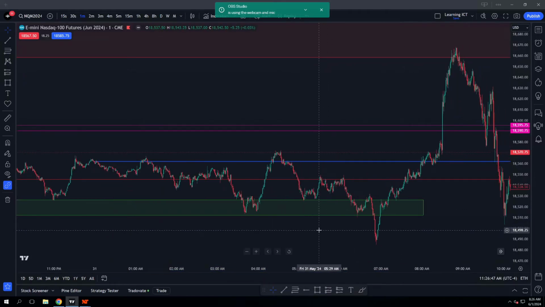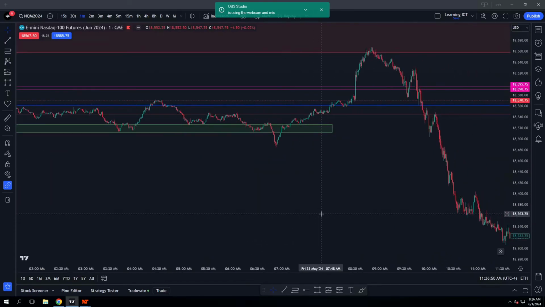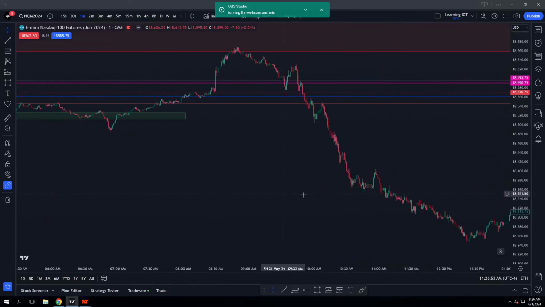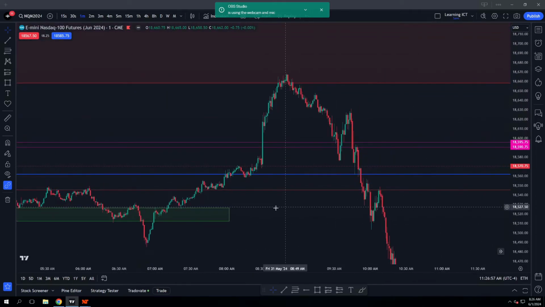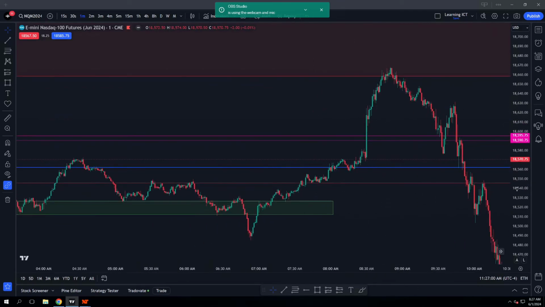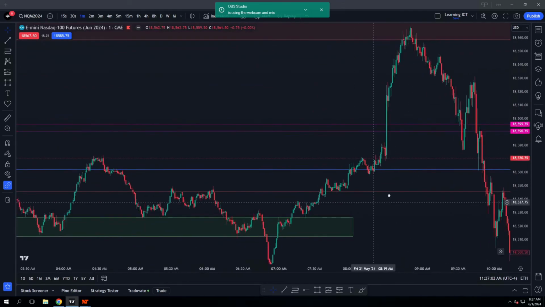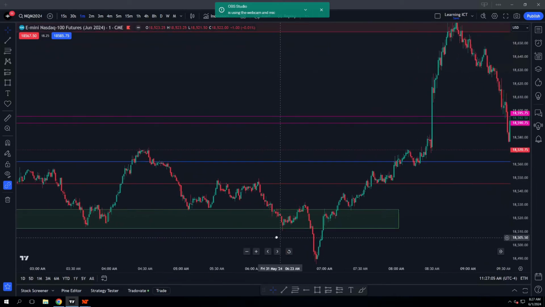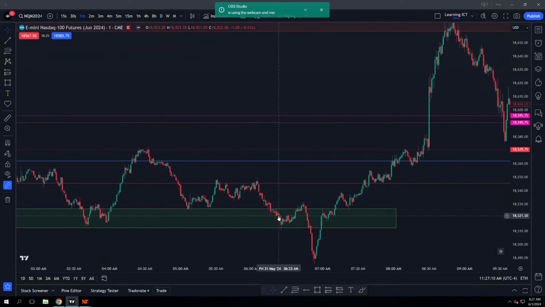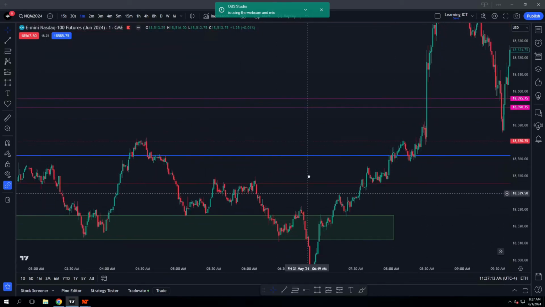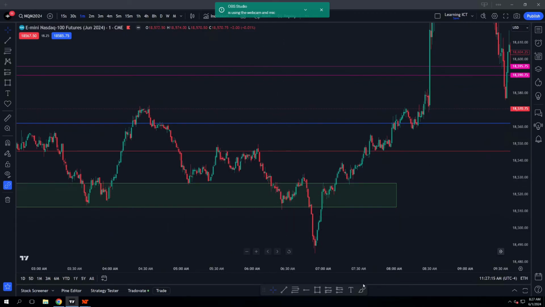And then when I took that trade, initially I lost right here, because I was thinking this one got broken, this sell side liquidity got taken out, right?